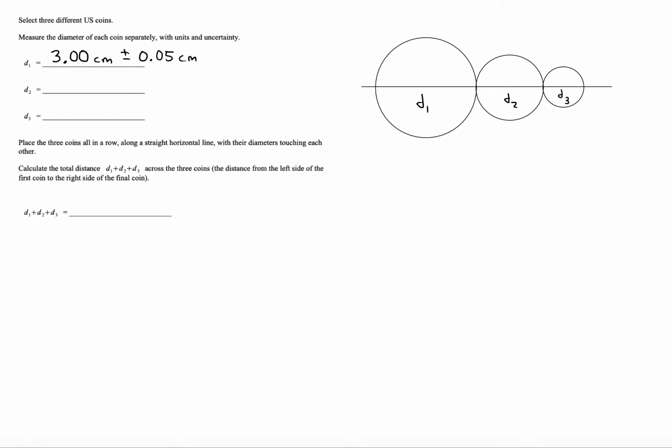So the quarter to me is like 2.39 perhaps centimeters, plus or minus 0.05. And then the penny, yeah, 1.87, I think.